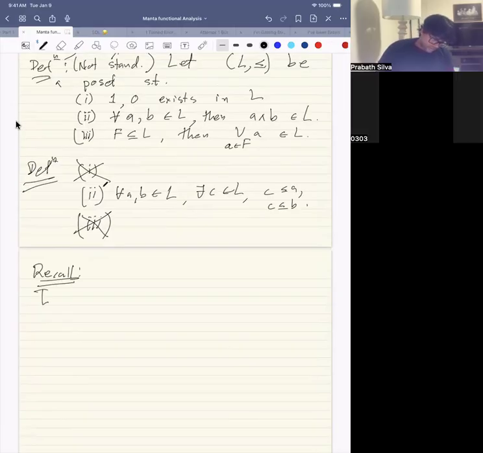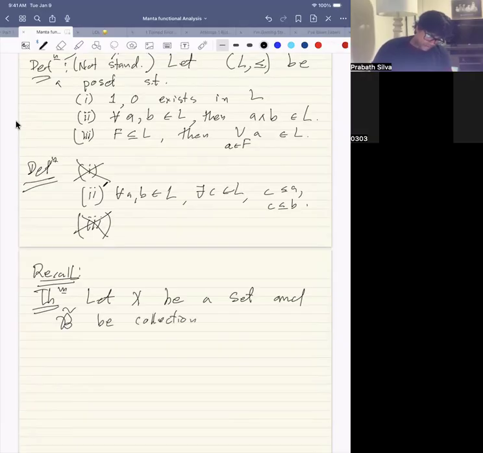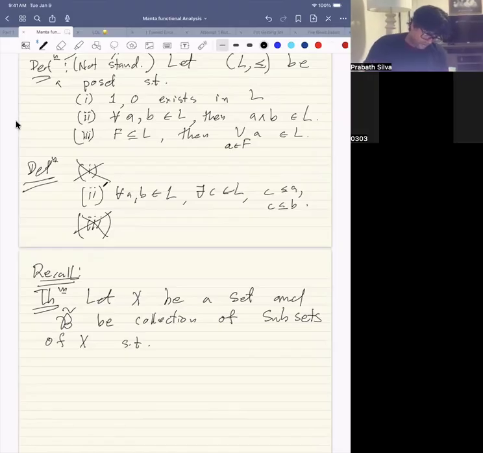Let X be a set and delta be a collection of subsets of X satisfying the following properties.